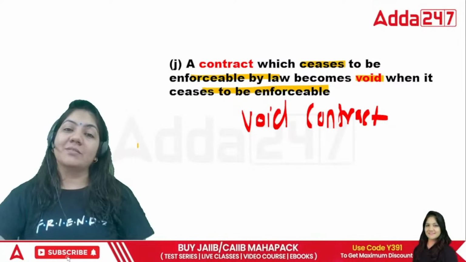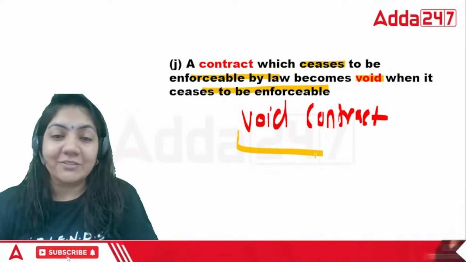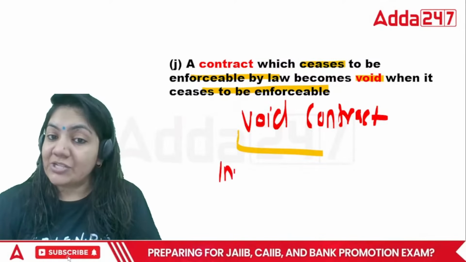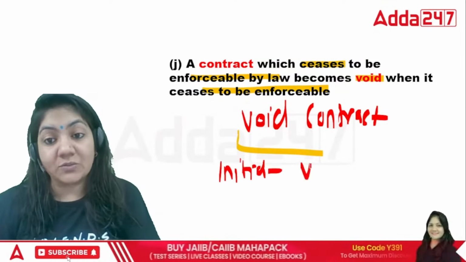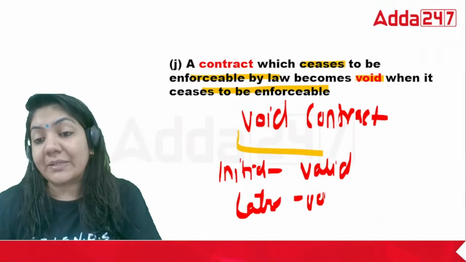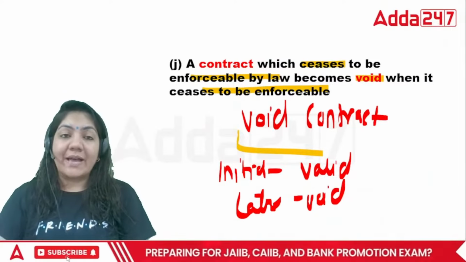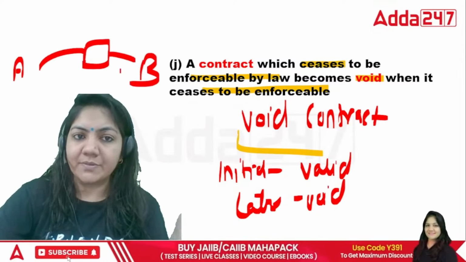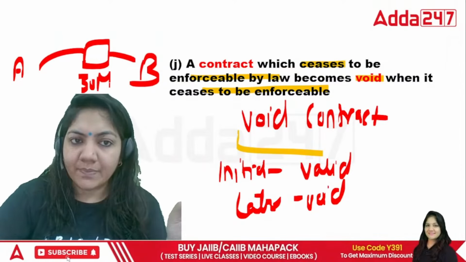But what we have learned in the paid batch is that in a void contract, in the initial stage the contract is valid, but at a later stage the contract becomes void. Suppose A wants to give a car to B on 30th May.